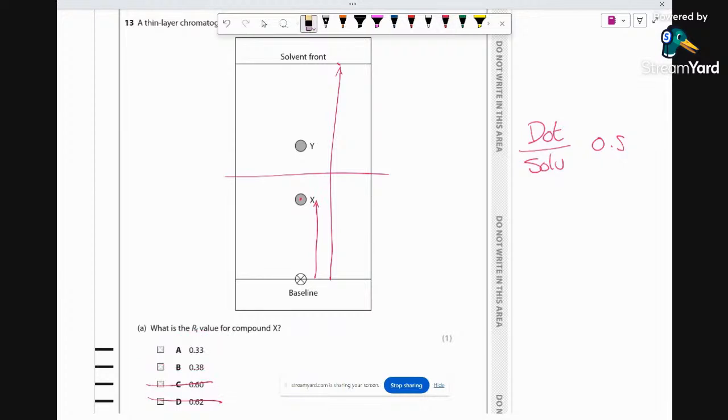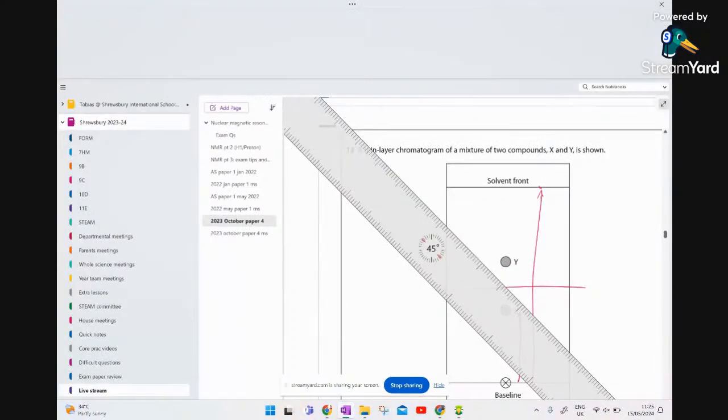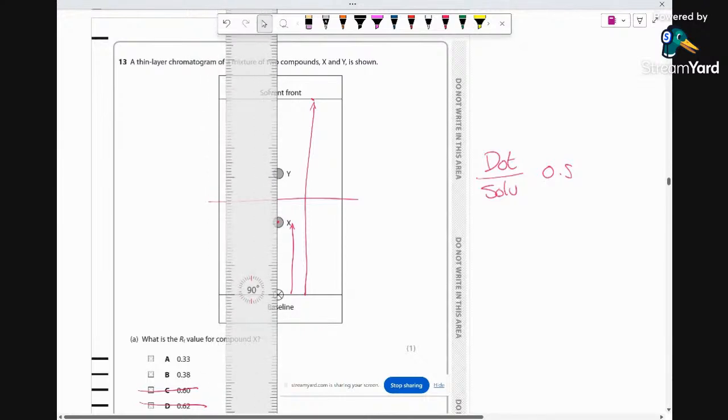I'd probably say it looks like 0.38 to me by sight, but it's always good to show your working for this. So I'm just going to line this up and go to the dot: 1, 2, 3, 4, dead on 5. So that's 5.